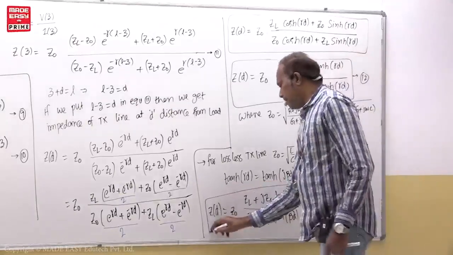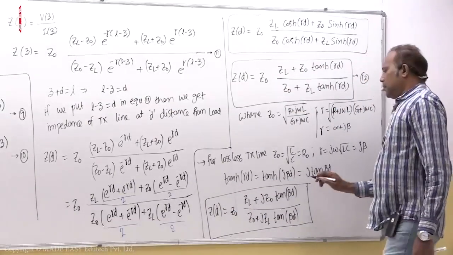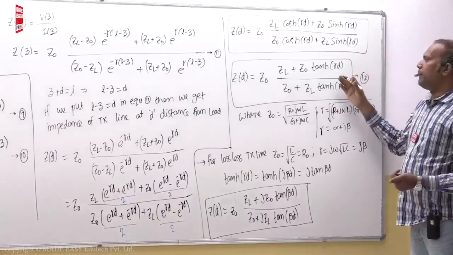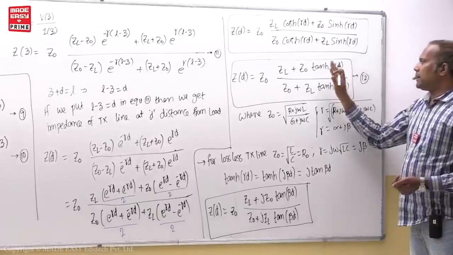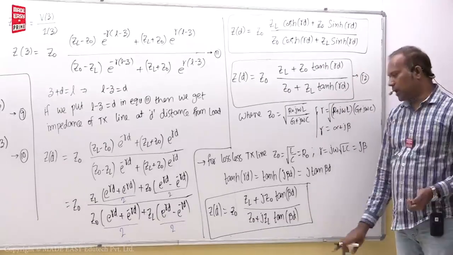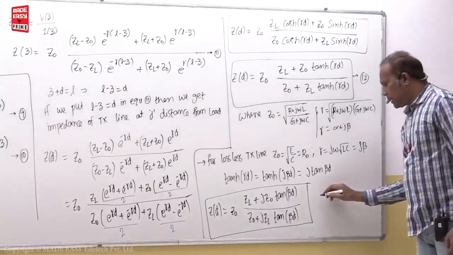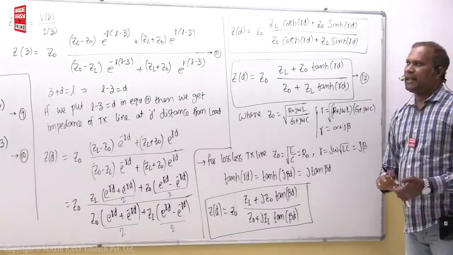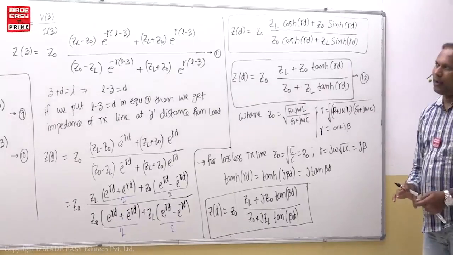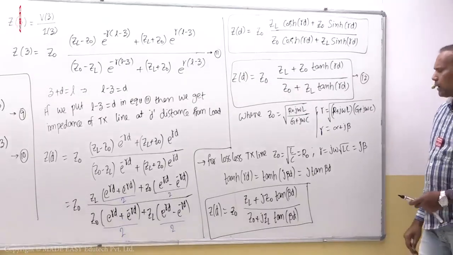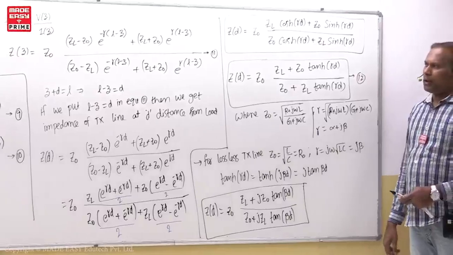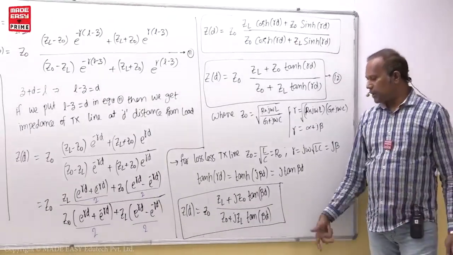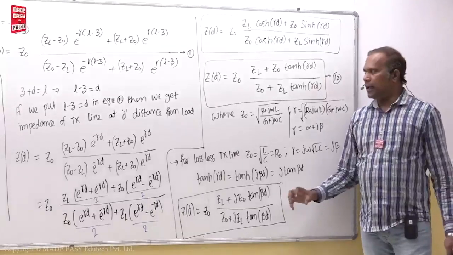Okay, so if you are remembering this formula, simply in place of tan h gamma d, substitute j tan beta d for a lossless transmission line. Once again I told here, beta is 2 pi by lambda, so that is why d is always represented in terms of wavelengths. Now we are going to write notes by taking the various lengths. We will discuss short circuit, open circuit, those things.